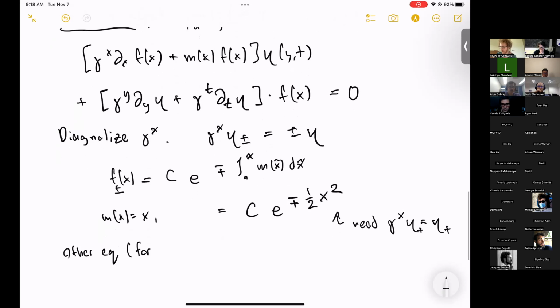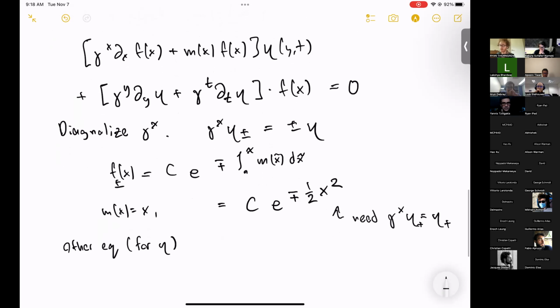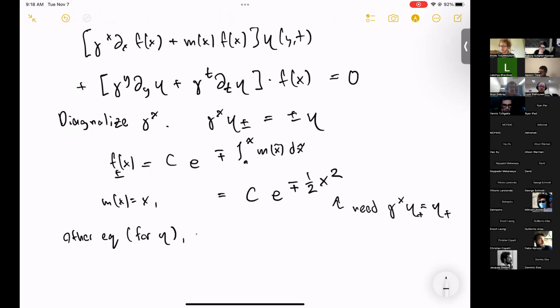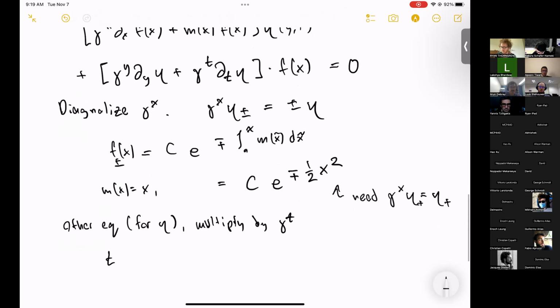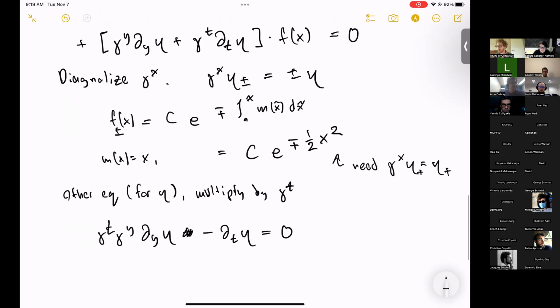So the one for eta, given this plus sign, well, now that we've diagonalized gamma x, we have to deal with the fact that there are gamma matrices in the eta equation, but there's a way to deal with that, which is that you multiply through by gamma t, and then it becomes gamma t gamma y dy eta minus, when you get gamma t squared, you get this equation.